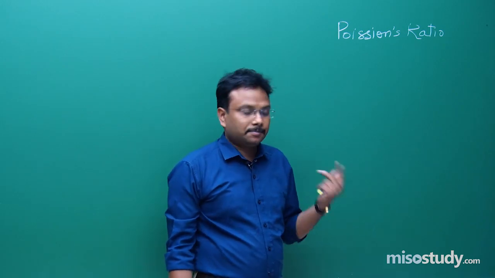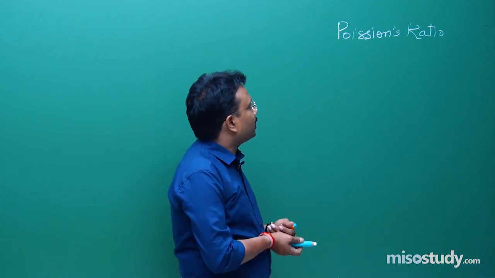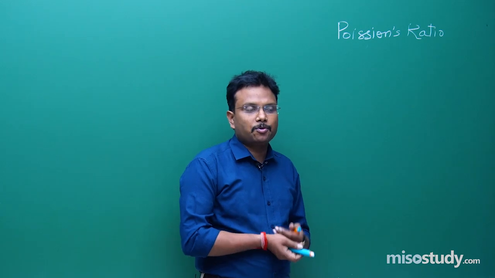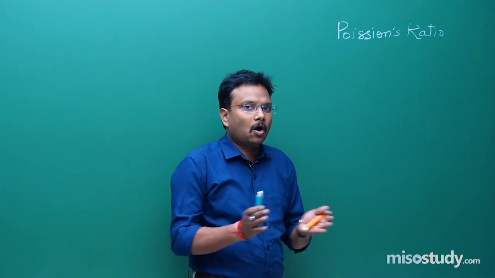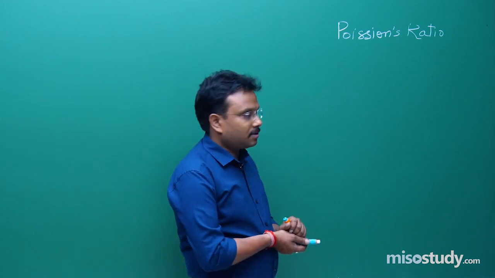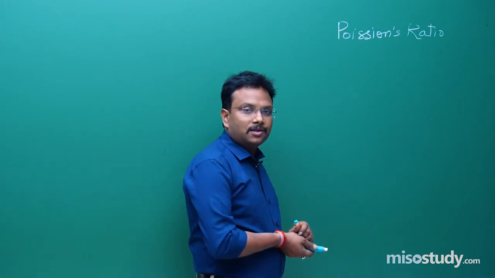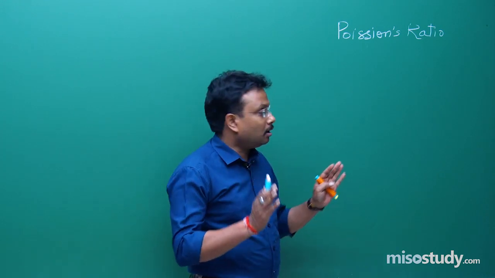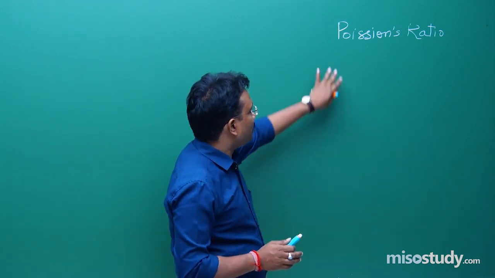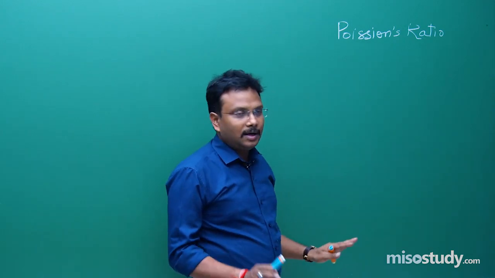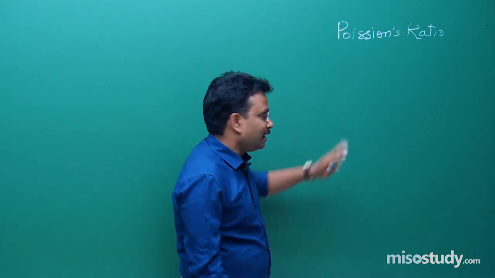I thought it is better to share these simple questions, because for your school exams 1 mark, 2 marks, 3 marks questions are all important. So what exactly is Poisson's ratio? With the help of one simple diagram I am going to show you this aspect. Basically it is the name of the scientist.